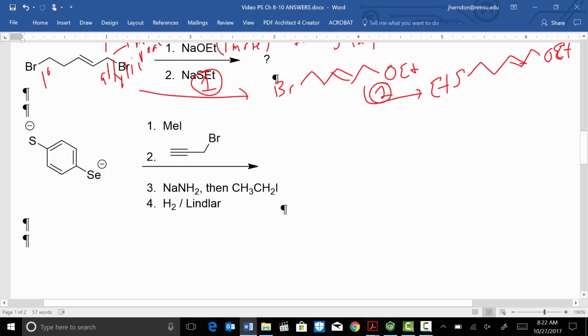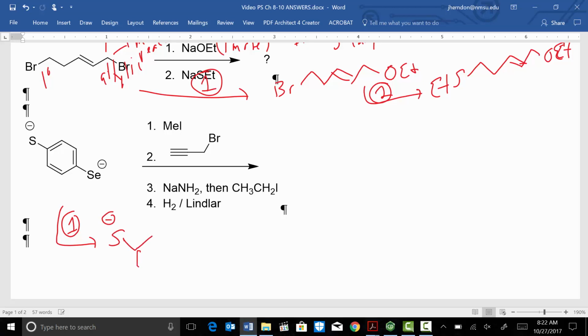So this one, we have a selenium and a sulfur. The selenium's further down in the periodic table and should be more nucleophilic. So in reaction 1, okay, we should get methyl on selenium. Sulfur's the next reactive compound, so it's going to get the alkynyl group.